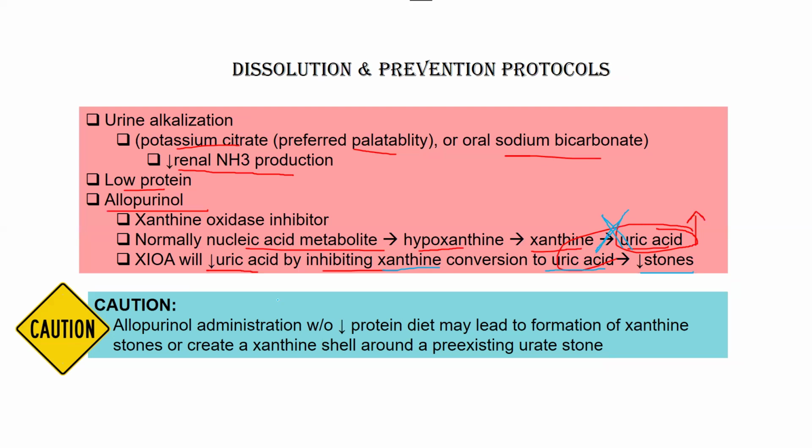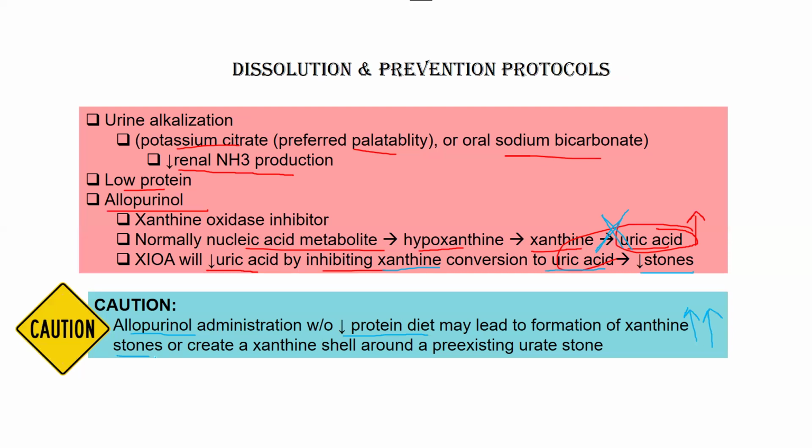But here there is a caution you should be aware of: if you are administering allopurinol to your animal without decreasing the protein diet, that may lead to increased formation of xanthine, and that xanthine will then start to precipitate and form xanthine stones.